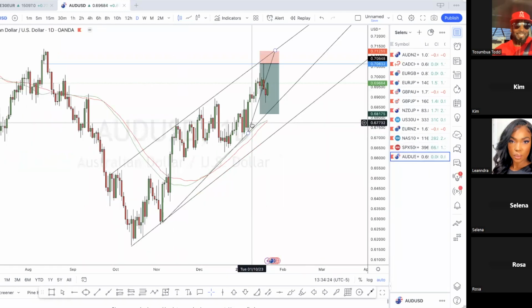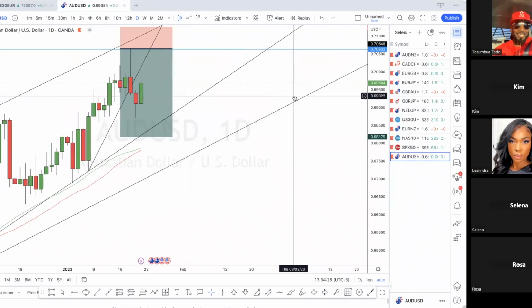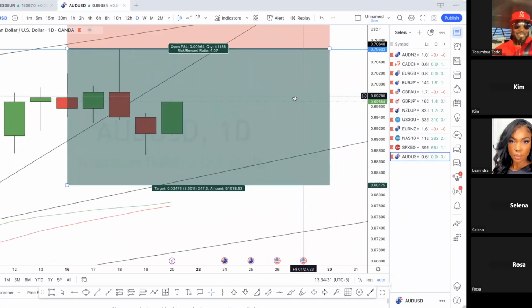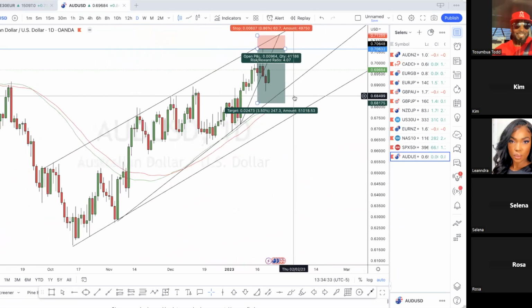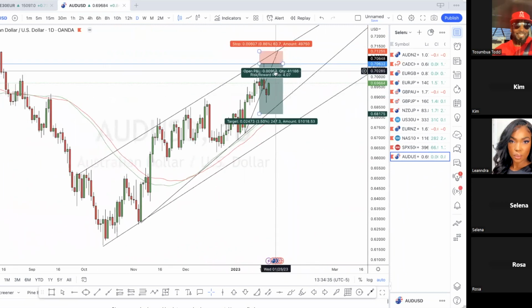And then AUD USD. Ooh. I didn't trade it, but it sure did tap and kept it moving.